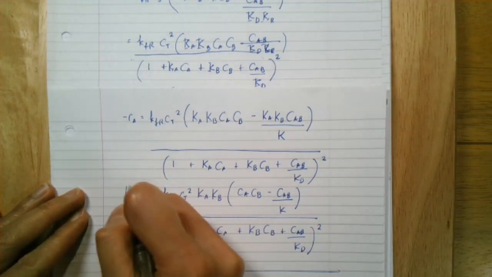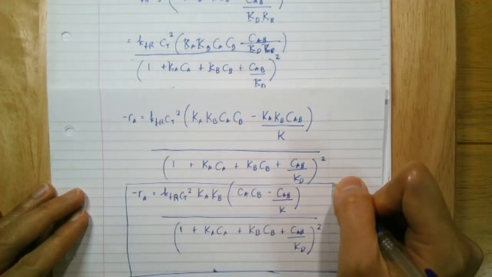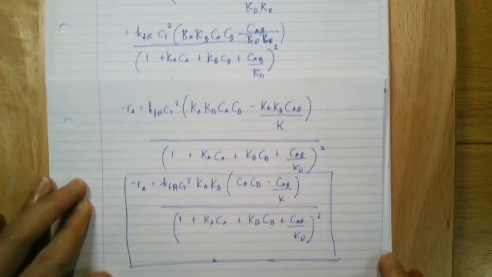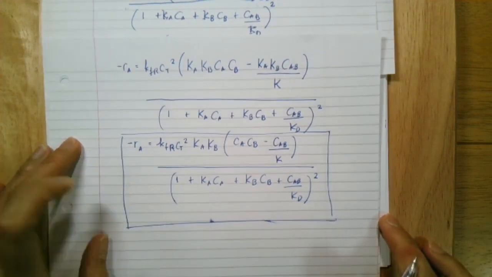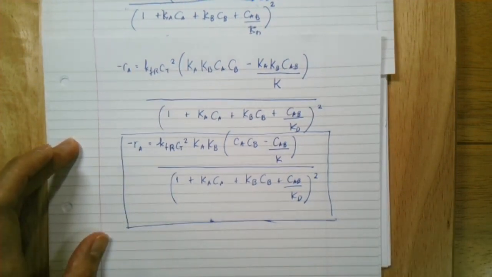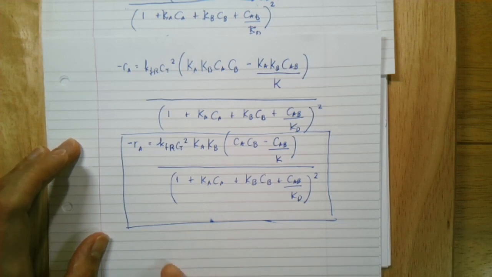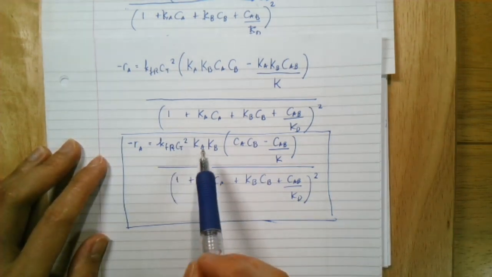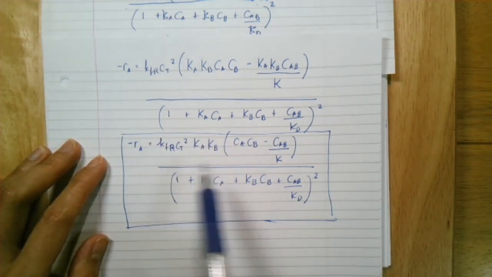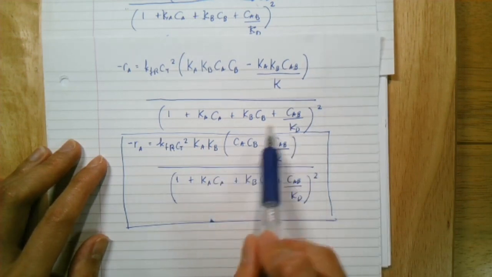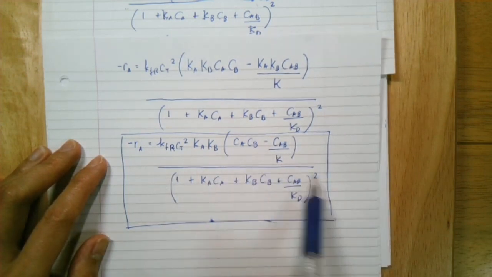If you can remember, this is the final form of our rate expression for the Langmuir-Hinshelwood mechanism. So here we have our kinetic term. This is the driving force term, and this is the adsorption term.